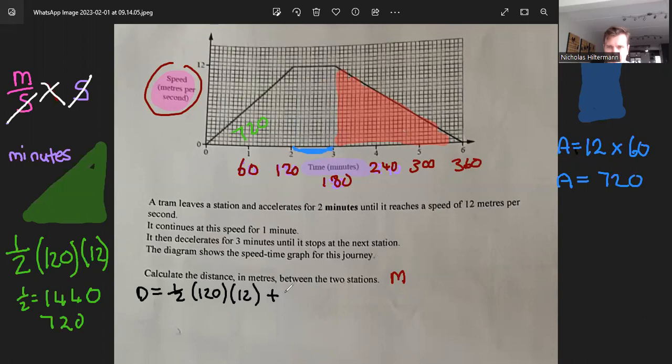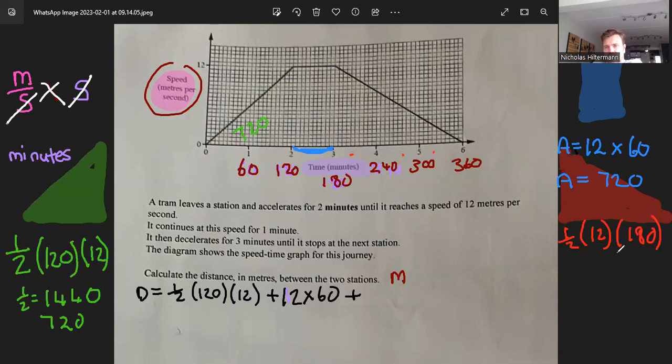So then I add that: this here would be my 12 times 60. So we know that's the green one, plus the blue one. And then I finally do the red one. Let's pull the red one over here. The red one is another triangle, so it's a half, and the height, once again, is 12. But now my minutes is 1, 2, 3. 3 minutes is 180 seconds.